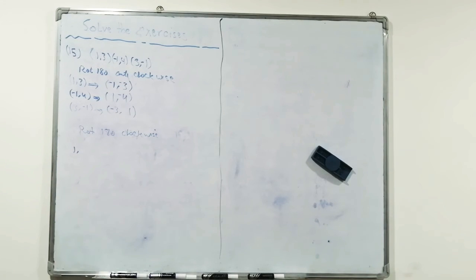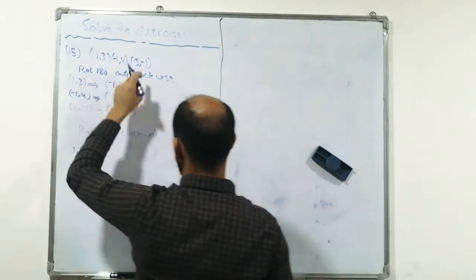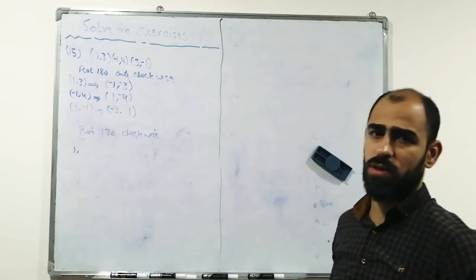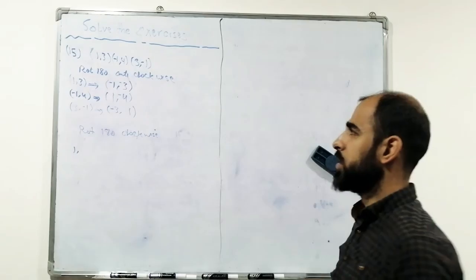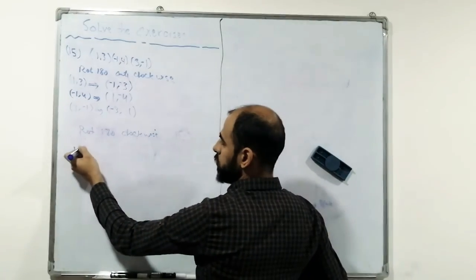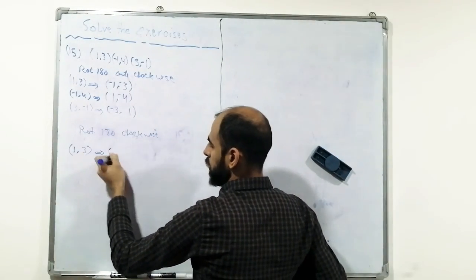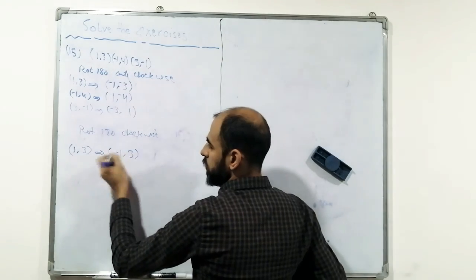anti-clockwise, because, as we said, the rule of rotation 180 anti-clockwise is the same as the rule of rotation 180 clockwise. So (1, 3) will become (-1, -3).